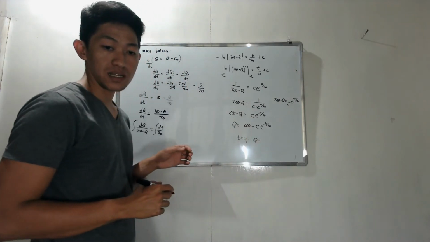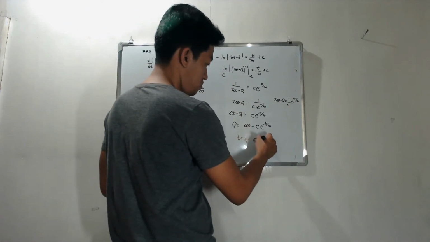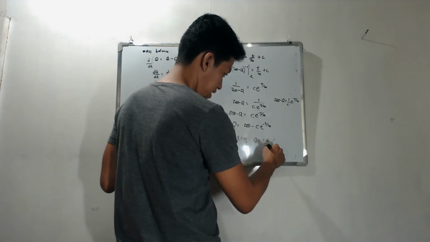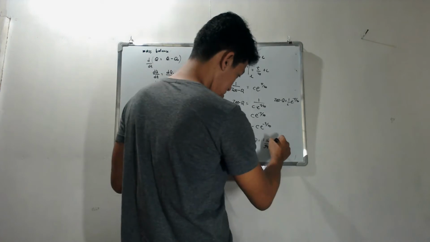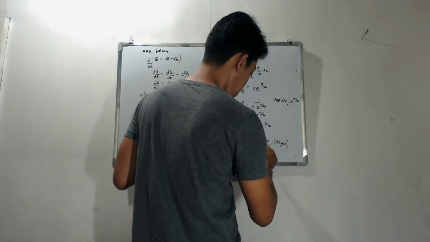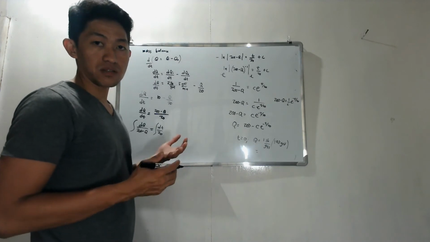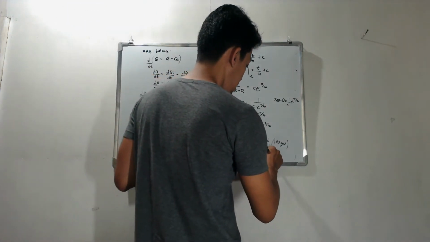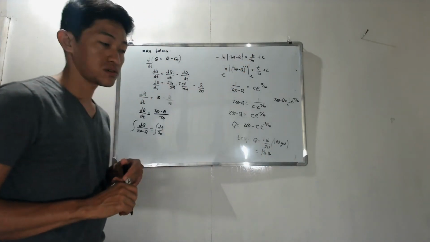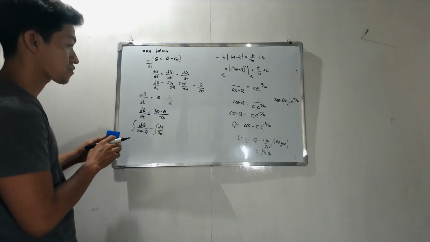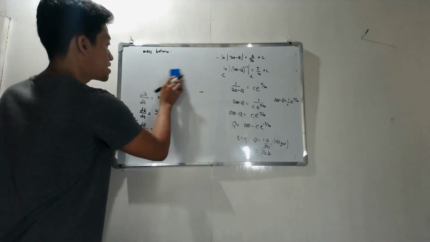The amount of salt in the tank is the concentration, which is 1 pound per gallon, times the volume, which is 100 gallons. Therefore, initially the amount of salt in the tank is 100 pounds. So we will substitute that one.